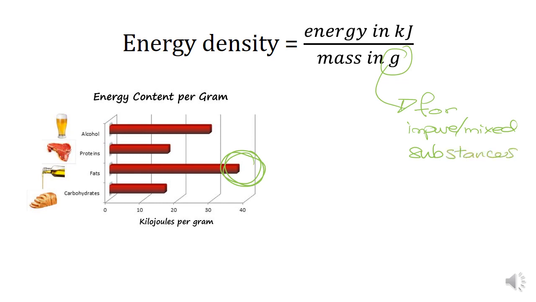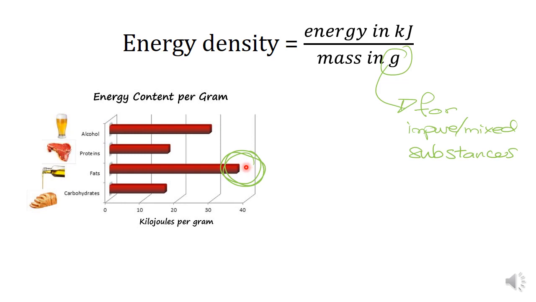So fats have by far the highest energy content. Alcohol doesn't do too badly on this scale. Fats have, depending on the type of fat, between about 35 and 37 kilojoules per gram, whereas something like proteins and carbs are down at sort of the 15 to 17 range. You do not need to know exact numbers for this.